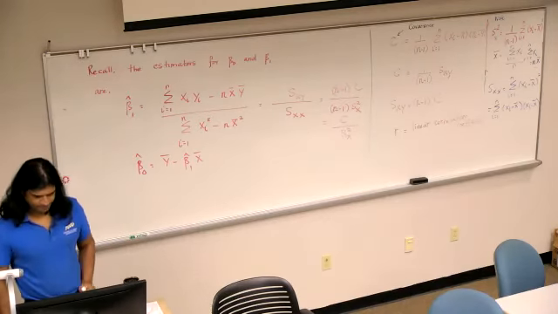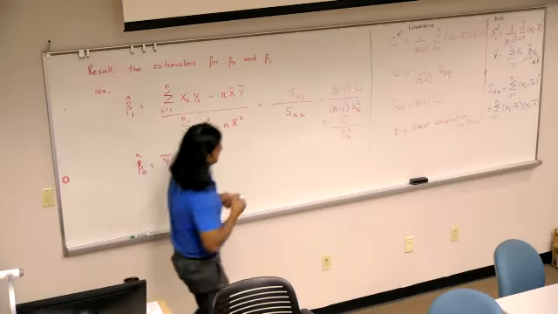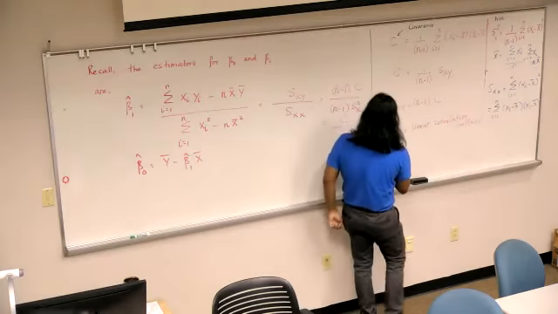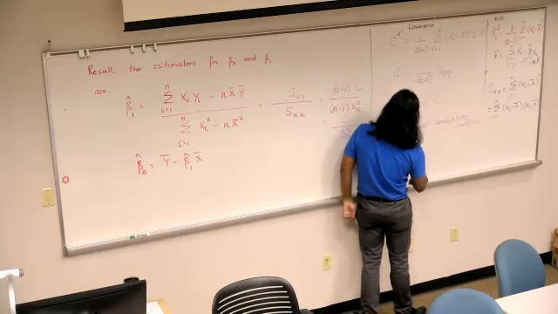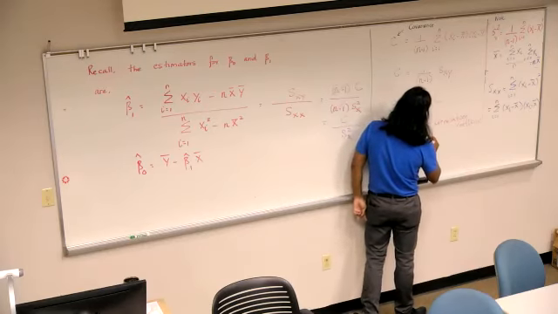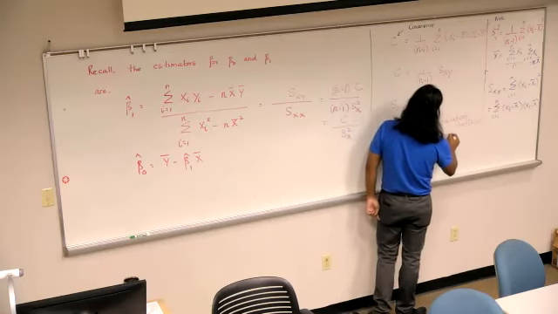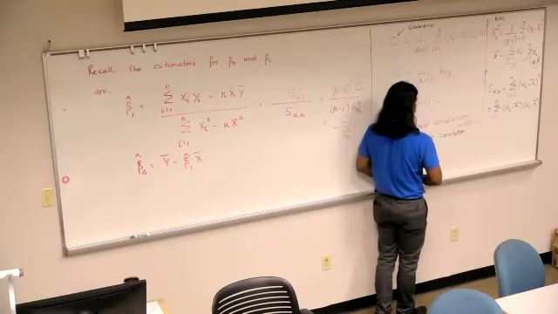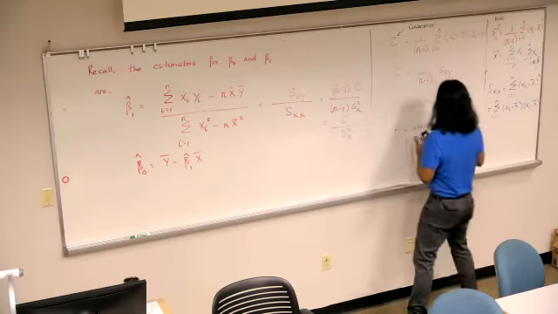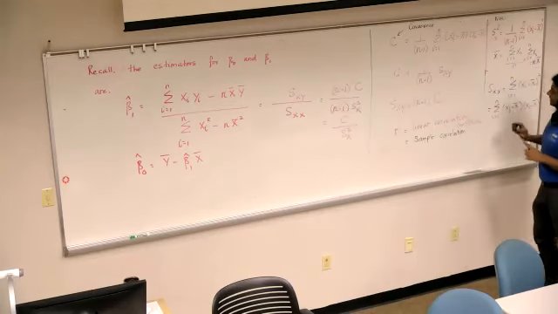So r is the linear correlation coefficient, and it's also the sample correlation. In short, but the formal name would be linear correlation coefficient.